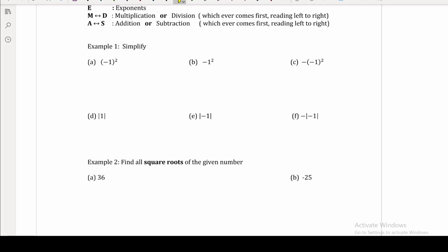So here, I see that I have my parentheses. So that parentheses is really telling me -1 times -1. Or you can plug that into your calculator, and so your final answer there should be a +1. Now here, what this is saying is you have your negative kind of hanging out, and you have 1 squared, so that's 1 times 1.